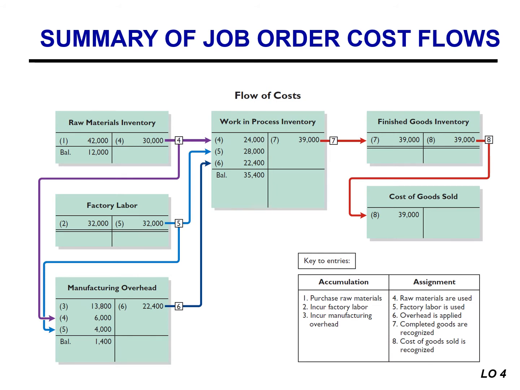Once the company has incurred manufacturing cost, it must assign them to specific jobs. As jobs are completed, the company transfers the cost of the completed jobs out of the work in process inventory into the finished goods inventory. As specific items are sold, the company transfers their cost out of finished goods inventory into cost of goods sold.